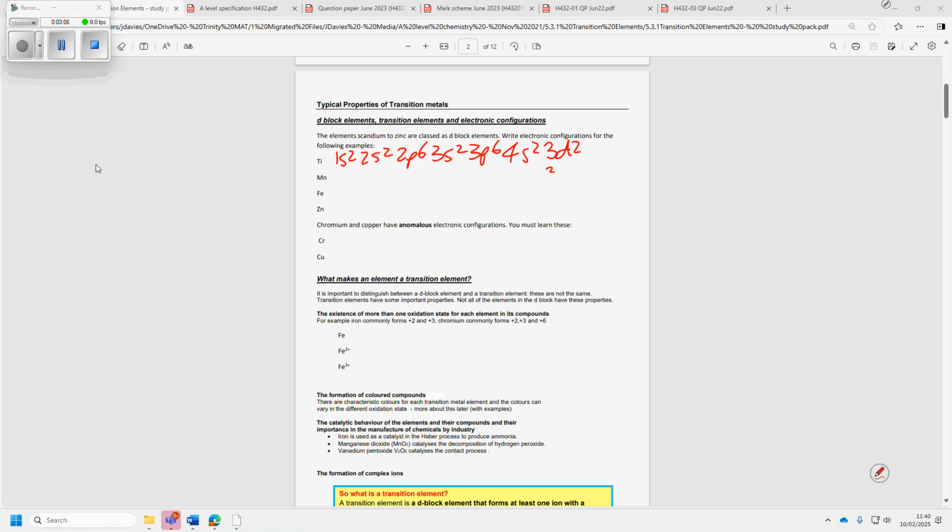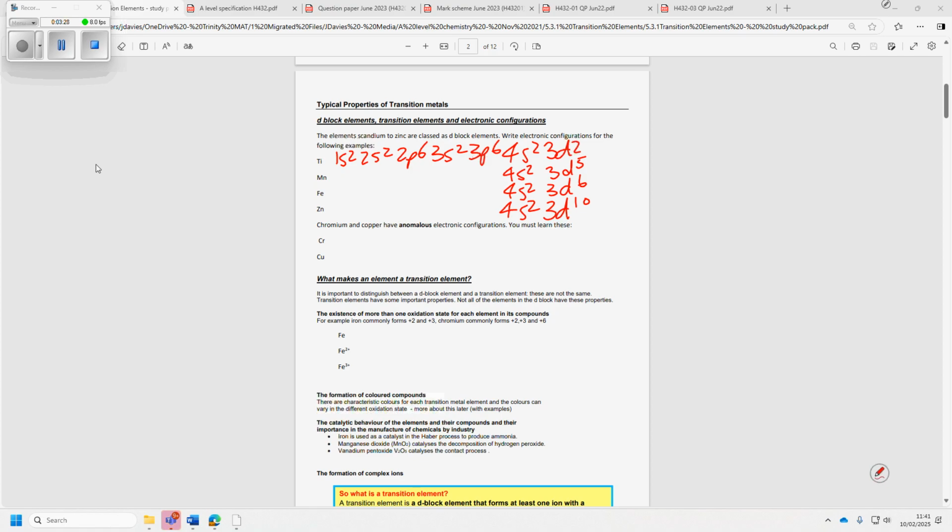Manganese will be 4s2, 3d5. Iron 4s2, 3d6. And zinc 4s2, 3d10, right at the end.